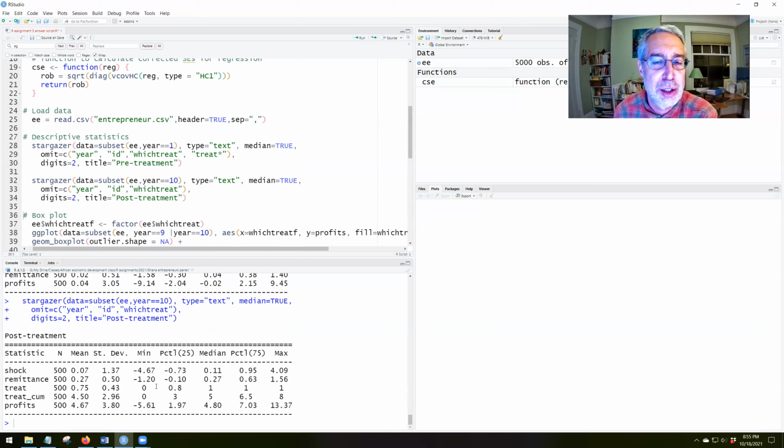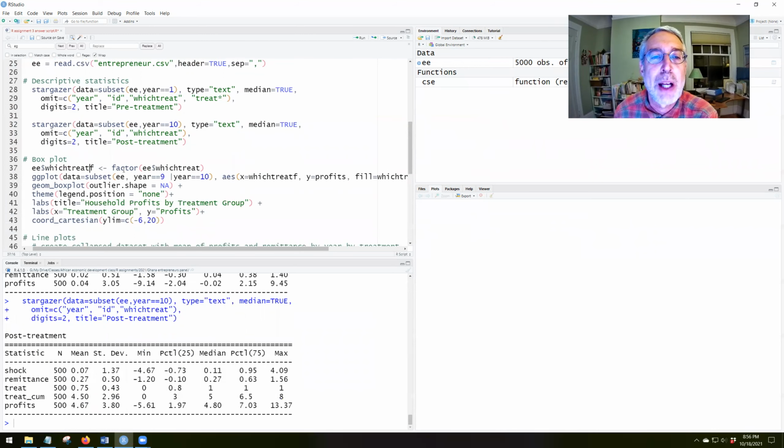The standard deviation is 0.3. That goes from 0 to 1, obviously. Let's see, this is how many periods they've been treated, I believe. So the average is 3 periods. The mean, 4.5 periods. Then the profits average is 4.67.